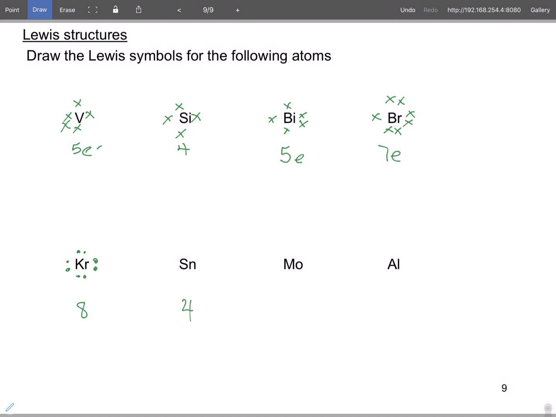Tin has 4 valence electrons, 2 P's and 2 S's. Molybdenum has 6, so it's kind of like oxygen. You're like, wait, it's not anywhere near oxygen. No, it's not, but it follows certain rules because of the number of valence electrons. Aluminium, as the British say, or aluminum, has 3, so it's got 3 there. Now, why is this important?